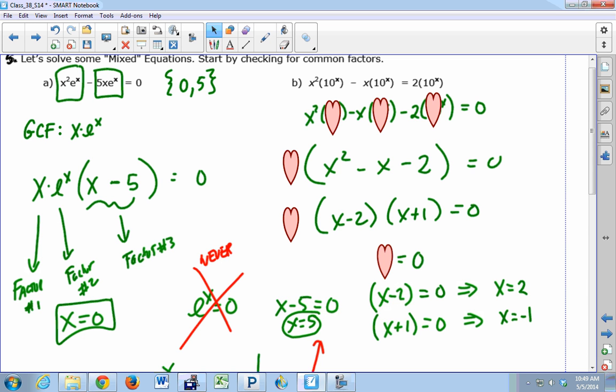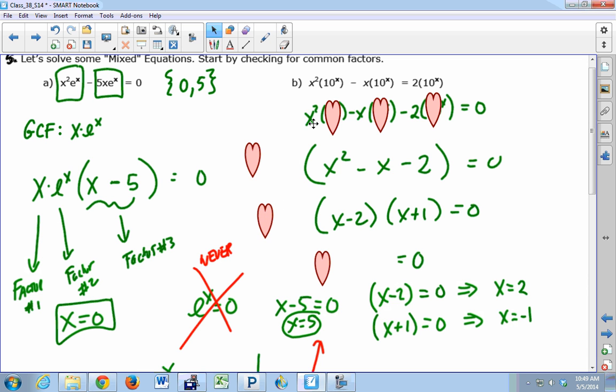Let's reveal the heart. We pull the heart off. What goes in place of the heart? 10 to the x. We take the heart away because that was messing with our brain, seeing all that 10 to the x. So when is 10 to the x equal to 0?